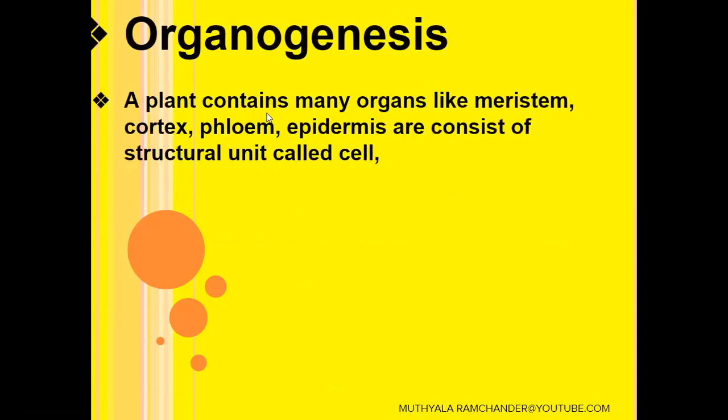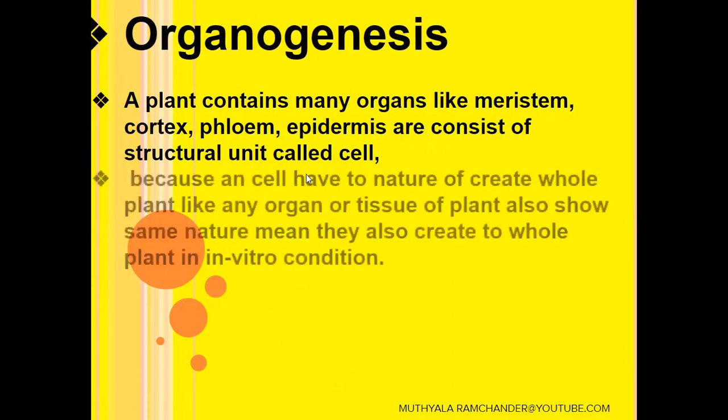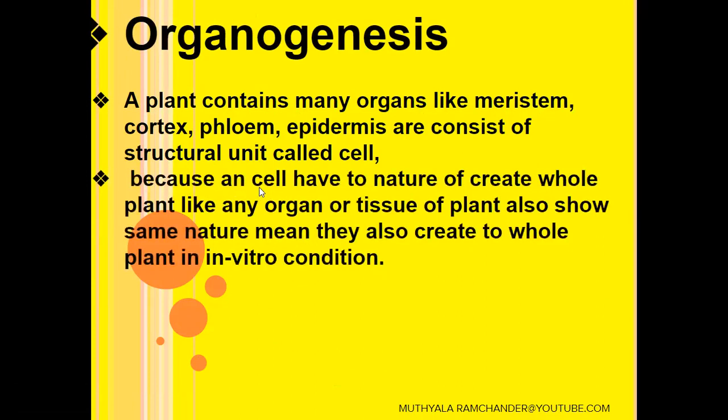A plant contains many organs like meristem, cortex, phloem, epidermis, which consist of a structural unit called the cell. Because a cell has the nature to create a whole plant, any organ or tissue of plants also shows this nature, meaning they can also create a whole plant in vitro.